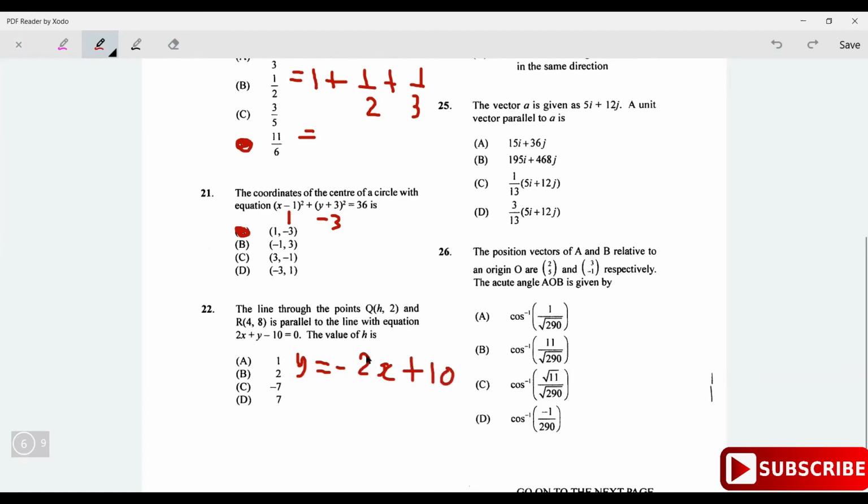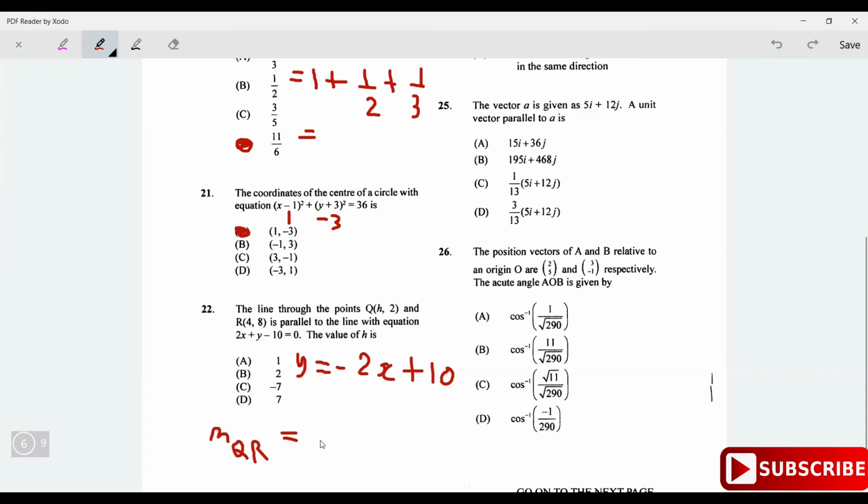Since the gradient is negative 2, then that means that the gradient of QR is also negative 2. So the gradient of QR is y2 minus y1 over x2 minus x1.